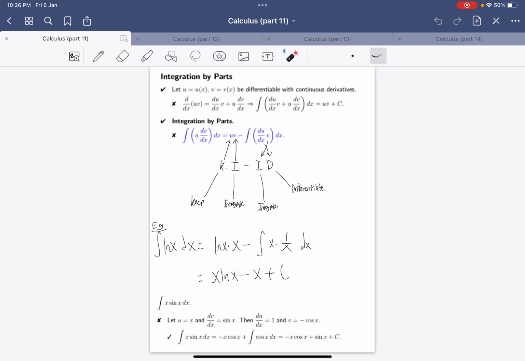Another thing to take note of is that when you are using integration by parts, the remaining term might still be hard to integrate and you need to use integration by parts again. You cannot say that you want to integrate u and keep v constant, because it will just result in an integral of du/dx times v again.